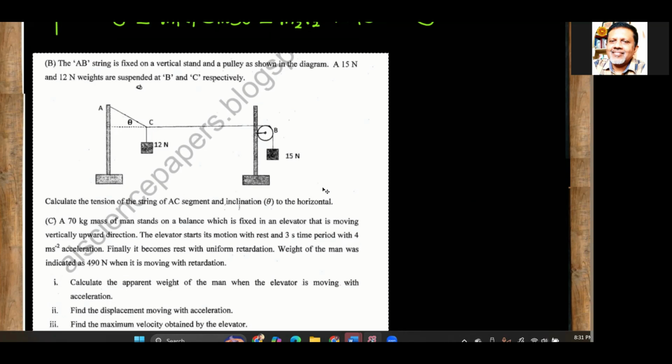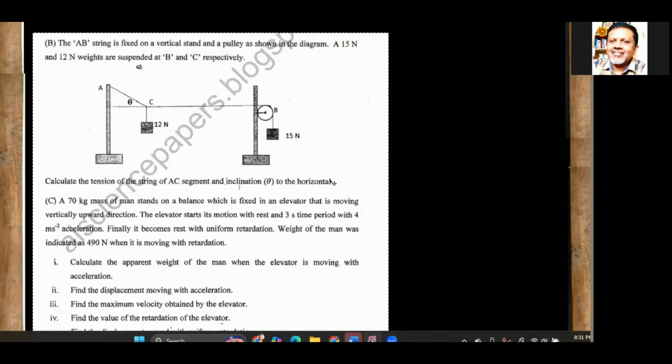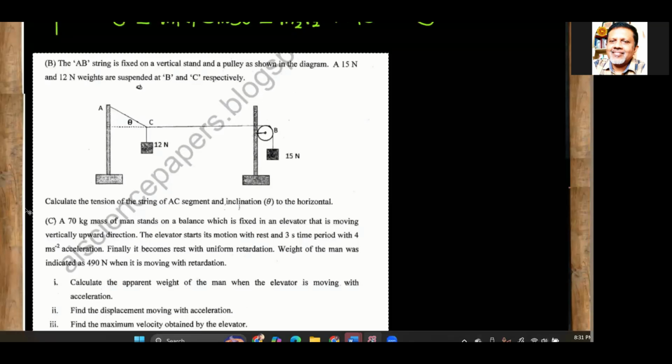Calculate the tension of the string of AC segment and inclination theta to the horizontal, right? And that part is just finished after that, right?